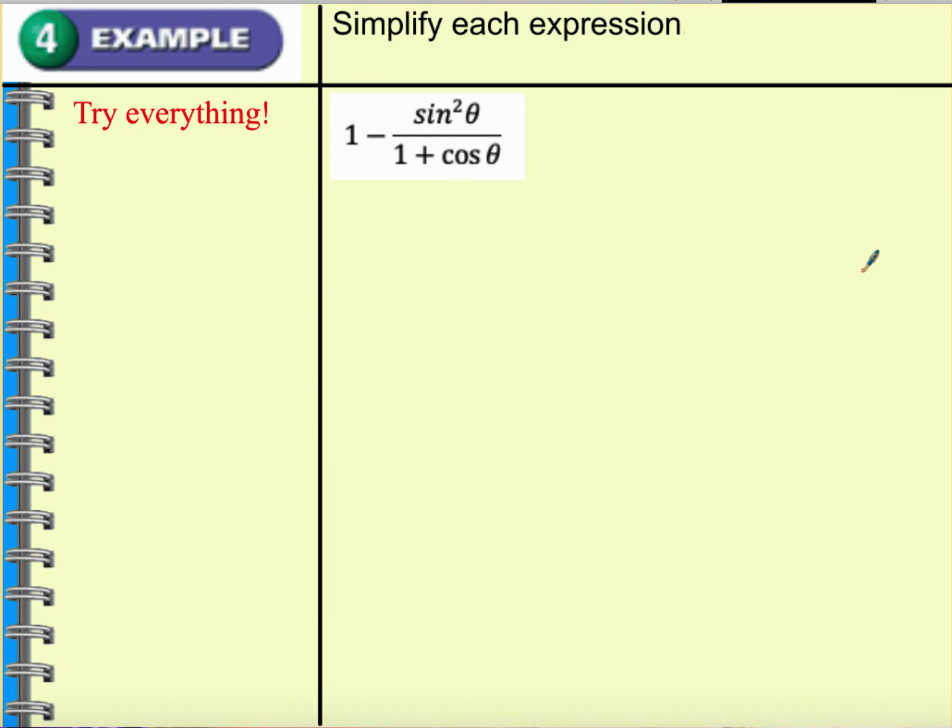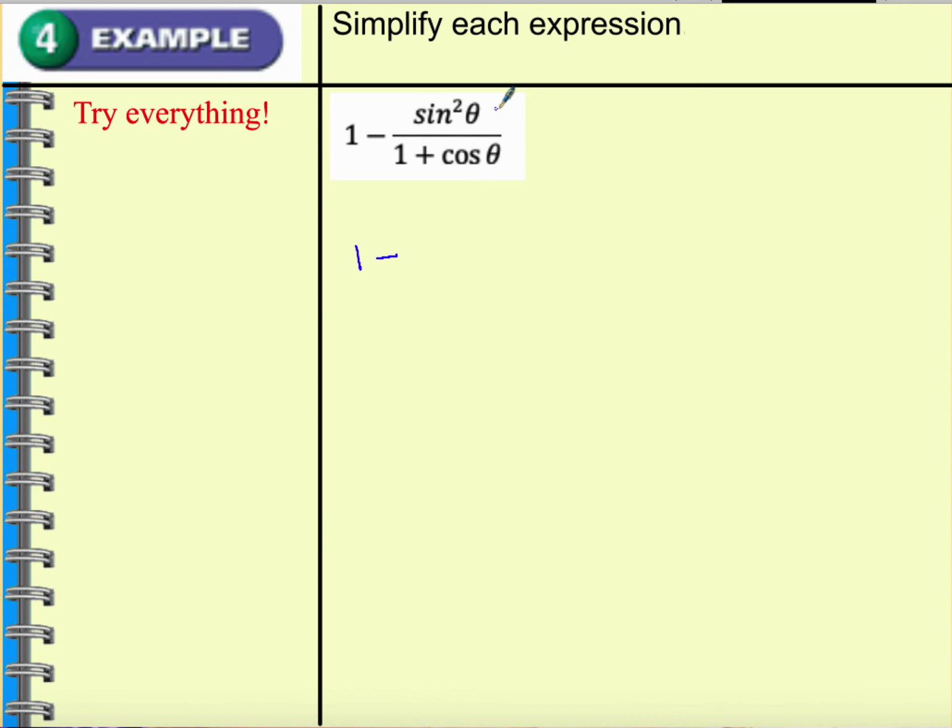Now let's try another one. Let's try and simplify this one. So this is kind of interesting. We've got a fraction being subtracted from the whole number 1. I see a sine squared. I'm going to do something a little crazy. I'm going to rewrite this so I have 1 minus.